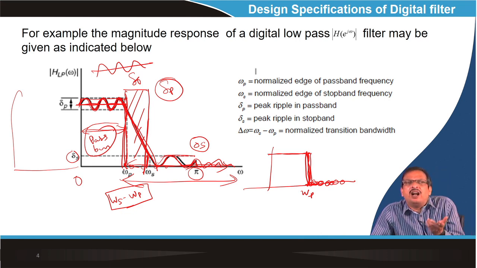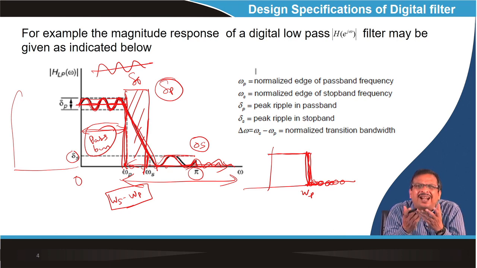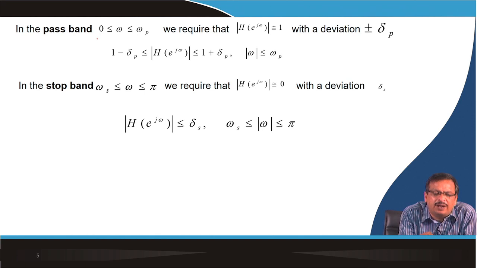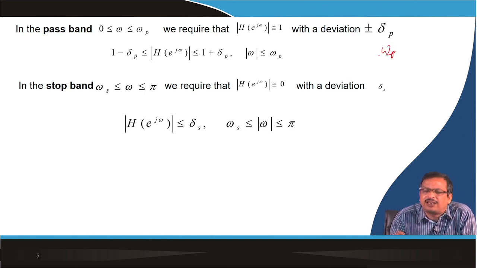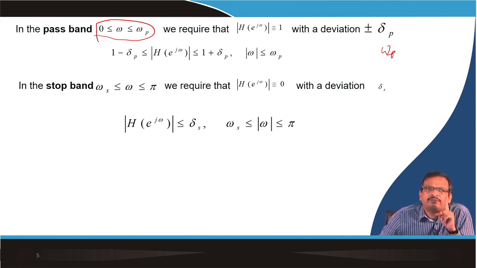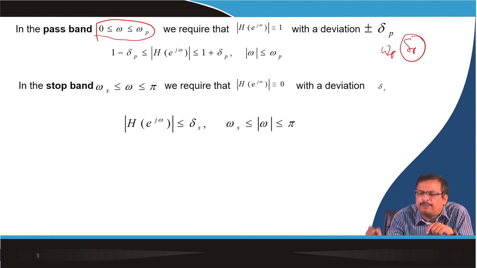So what is del p? What kind of practical specification will be given to me to design the filter? If omega p is my pass band frequency, the pass band is 0 to omega p. Within 0 to omega p, the amplitude I want should be 1, unity. But there will be a deviation of del p, which is called the peak ripple in the pass band.